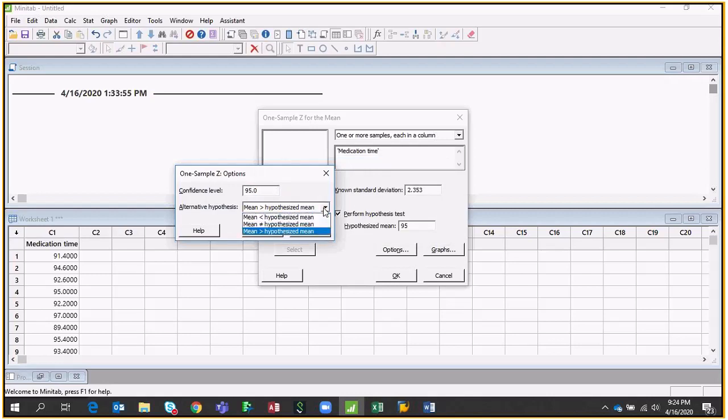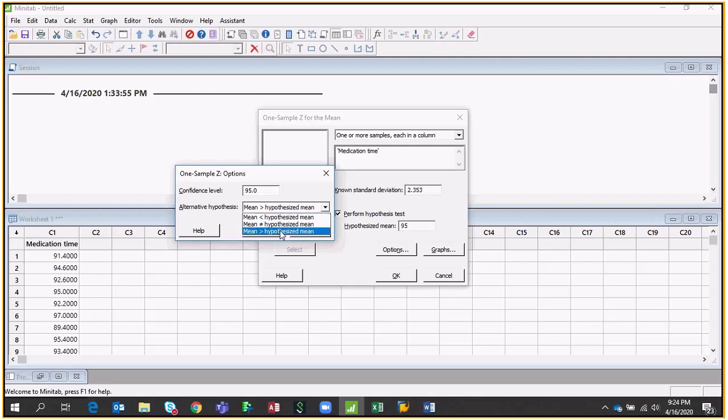Please understand these three tests very carefully now. The first test is saying our mean is less than the hypothesized mean, which you are setting as 95. So the first test will tell us whether our mean is less than this. The last test you can see here is mean greater than.